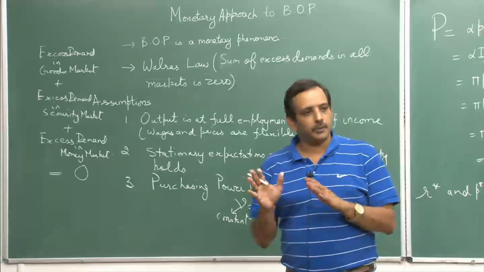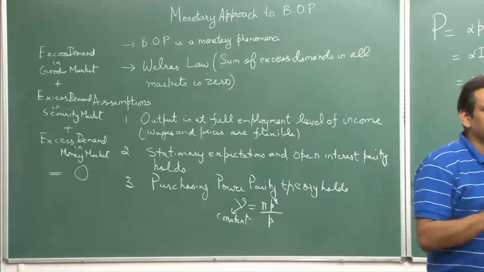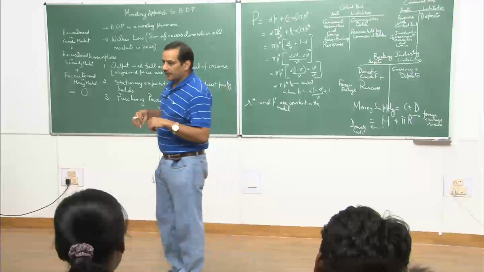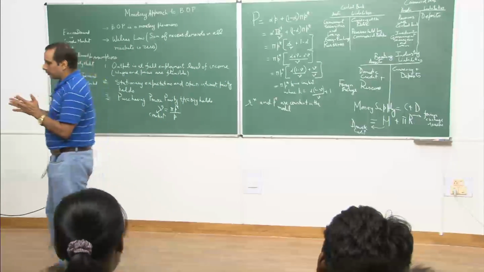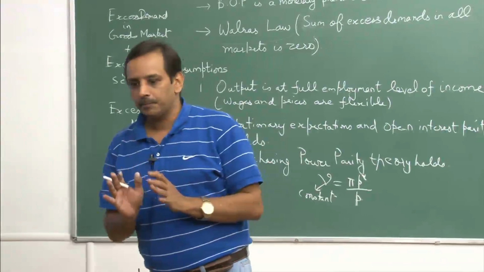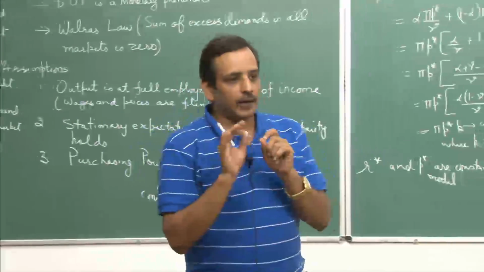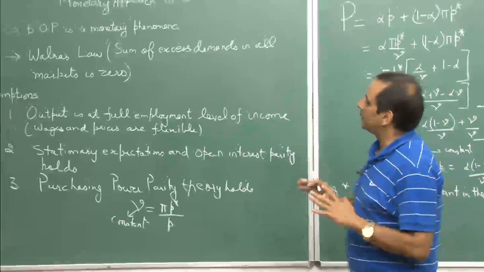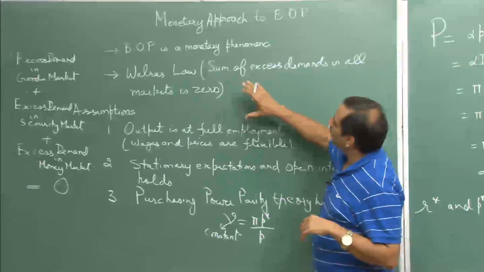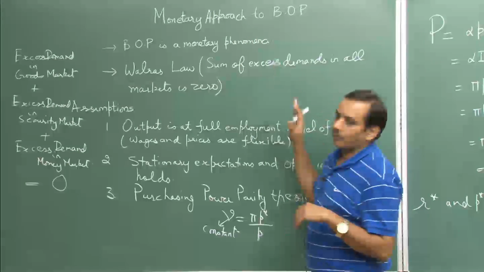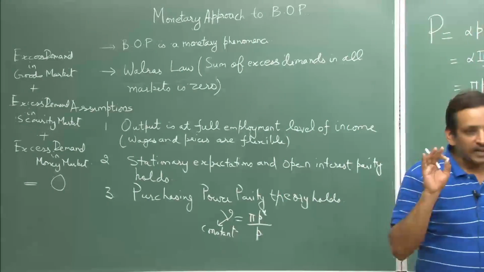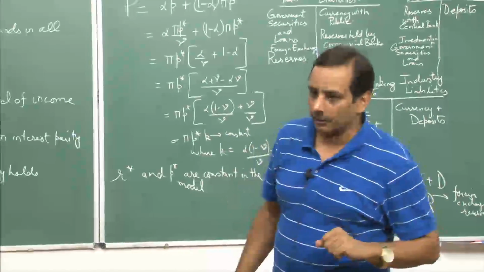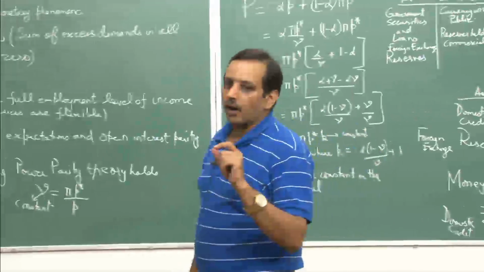I am talking of a period from 1870 to 1914, when a particular type of monetary arrangement, which was called the gold standard, worked according to what the monetary approach to balance of payment claims, that any disequilibrium situation is a temporary phenomenon, and I am going to explain why.